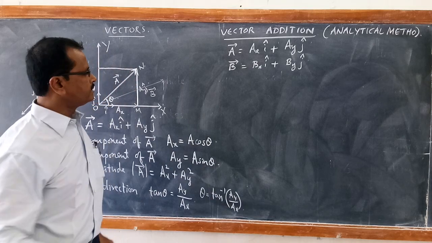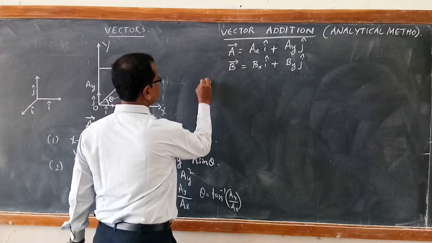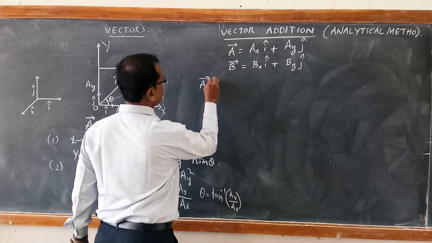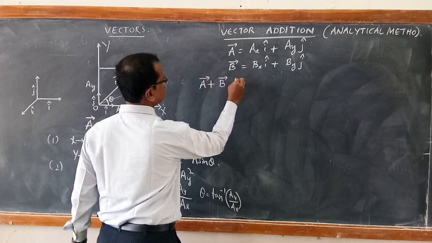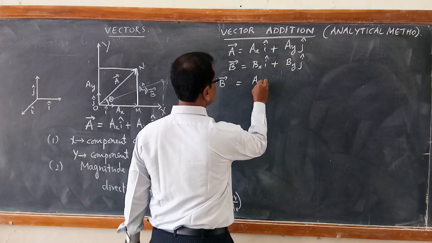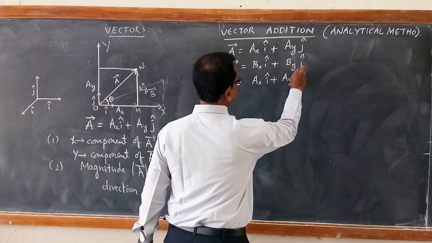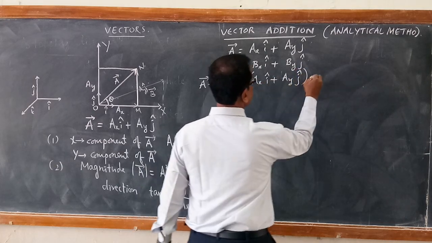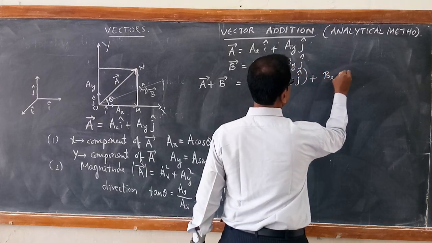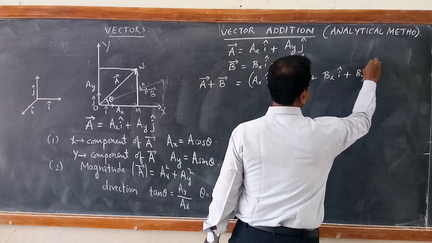If I want to add vector A with vector B, vector A plus vector B is equal to ax i cap plus ay j cap plus bx i cap plus by j cap.